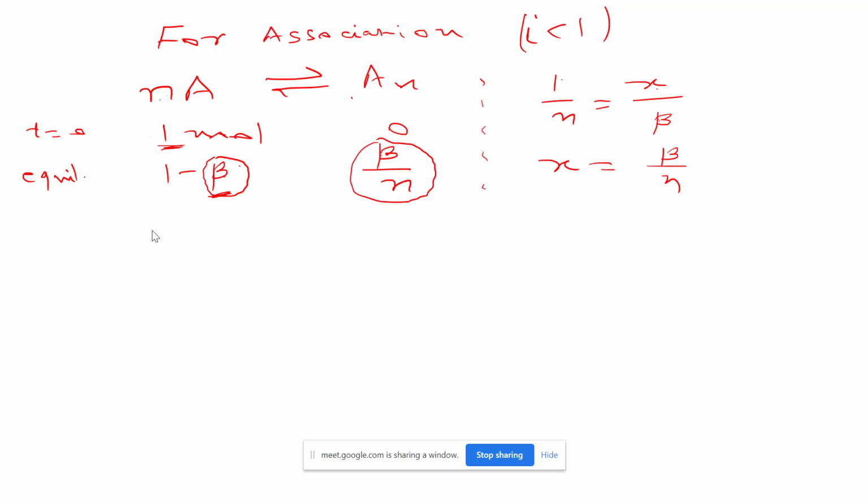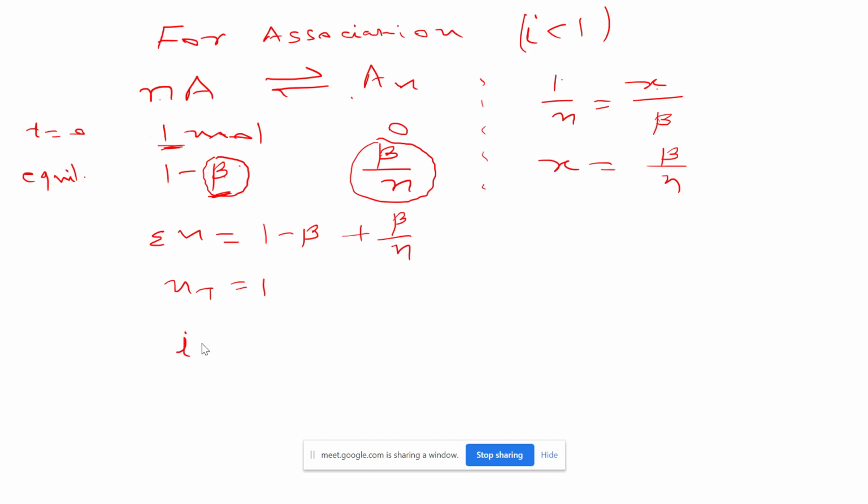Okay, now can you say how many total moles at equilibrium we are having for solute? 1 minus beta plus beta upon n. 1 minus beta is the remaining moles of the undissociated reactant form, and beta upon n moles are for the associated form. So this is the total, and initially how many moles did we take? That is 1.